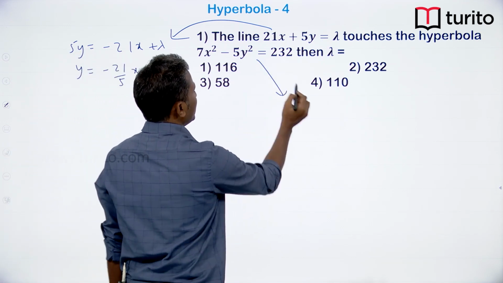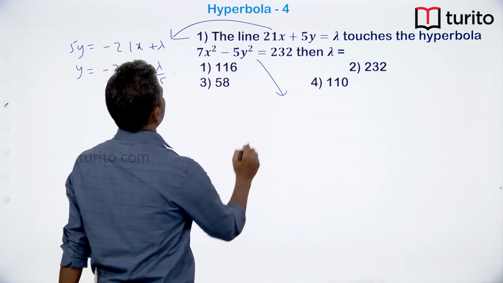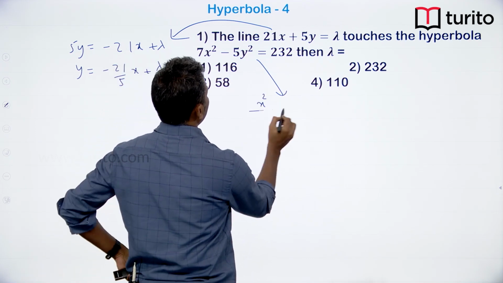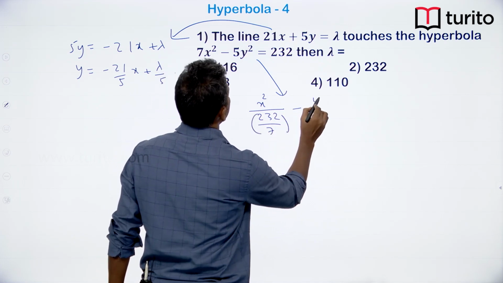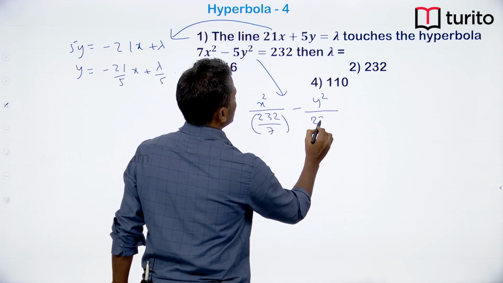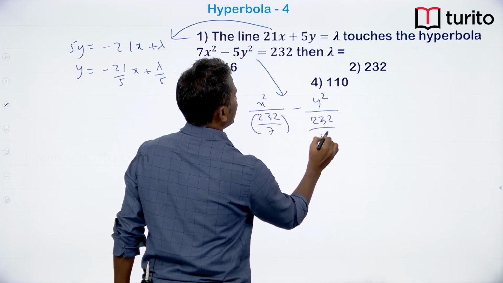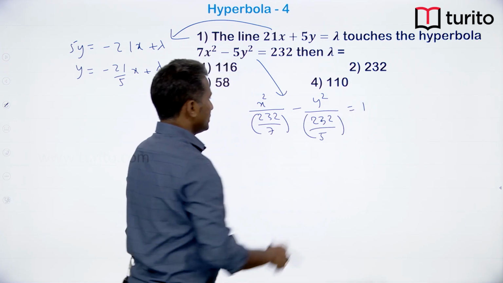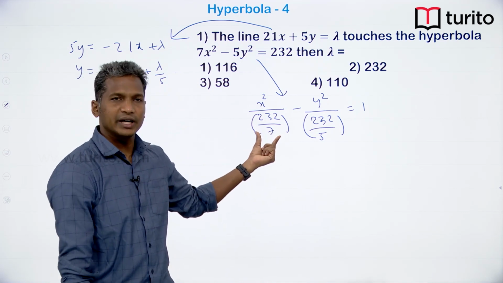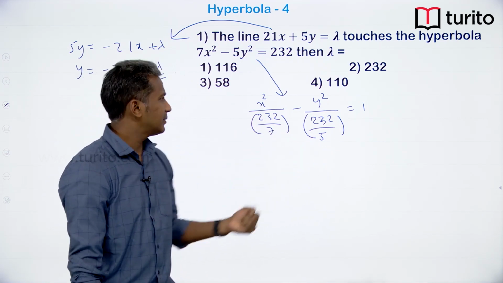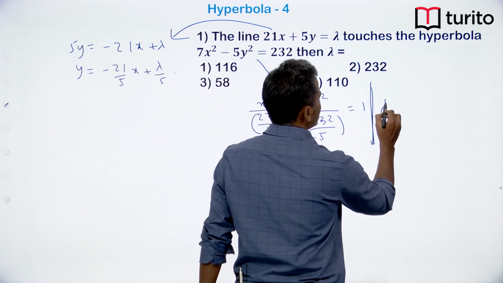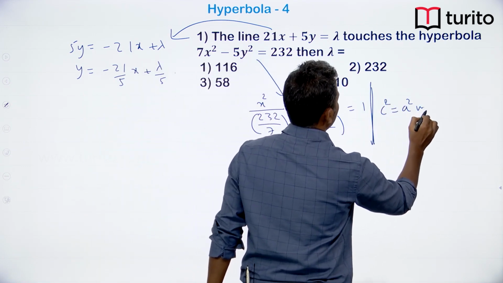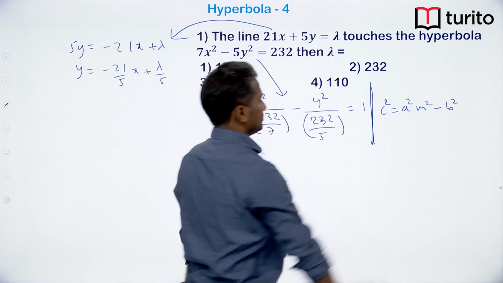And this equation when written in standard form looks like x square by 232 by 7 minus y square by 232 by 5 is equal to 1. So, this becomes my a square, this becomes my b square. So, just put the condition. What is the condition? c square equal to a square m square minus b square.